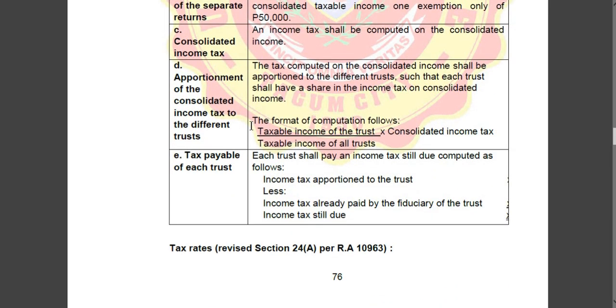formula for the apportionment of the consolidated income tax, which is the taxable income of Trust 1 or of Trust 2 divided by the taxable income of all trusts, times the consolidated income tax. In the case of our illustration, the amount that should appear here is the 87,500.